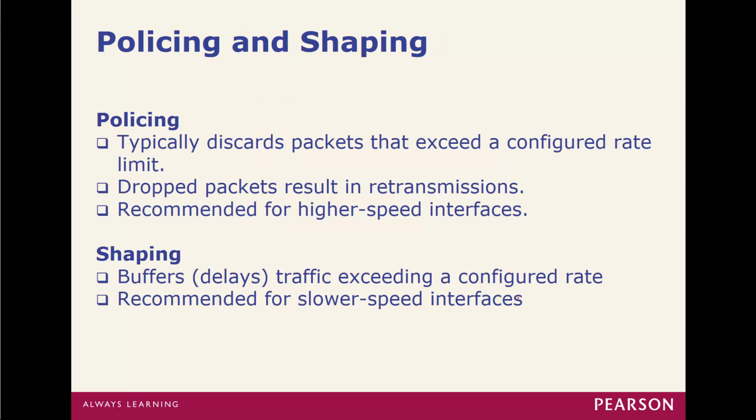We could also have policing and shaping. Policing could also be discarding packets after we get to a certain rate or level. Shaping, before we get to end devices, could actually buffer traffic for slower devices first.